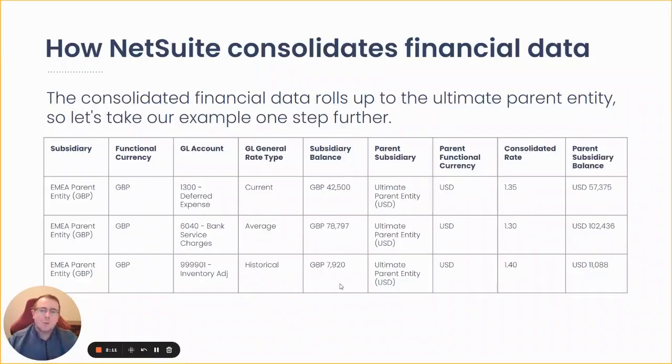Now, as we want to roll those balances up to the ultimate parent, we are now going to multiply those GBP balances by the consolidated exchange rate. In this case, again, we have different exchange rates based upon the different account type, current, average, and historical, to arrive at USD equivalent balances that will appear in our consolidated financial statements.